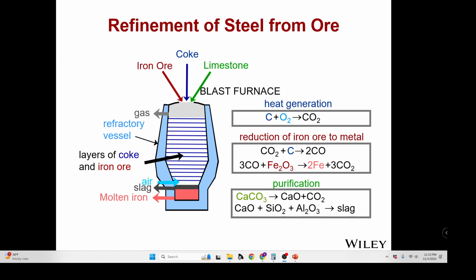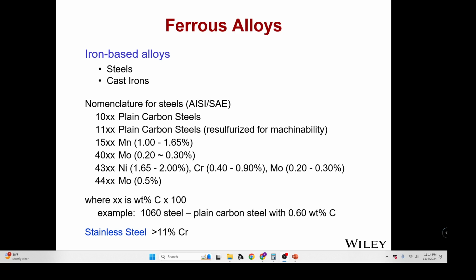And the purification happens as a result of the calcium carbonate, the limestone, that decomposes to calcium oxide and CO2. The calcium oxide, the silica from the sand, the SiO2, and the alumina come off as slag. So those are the impurities that come off of that process.